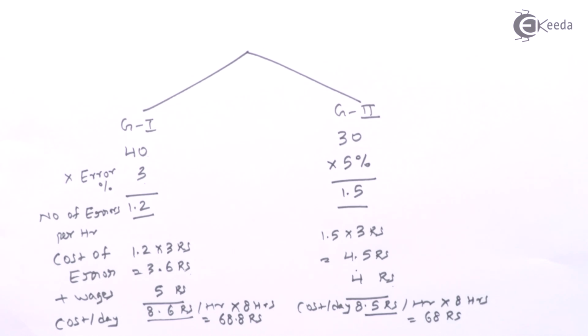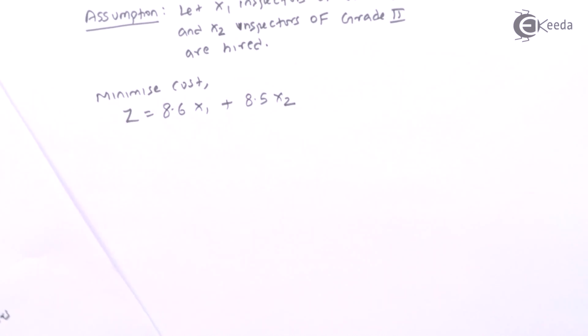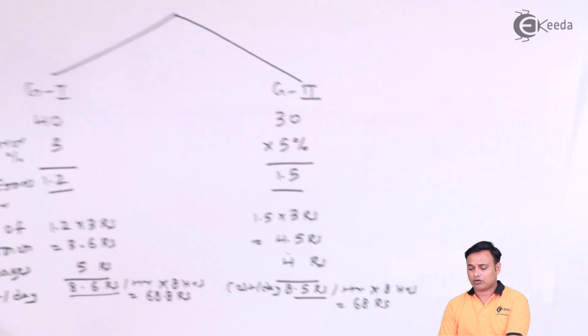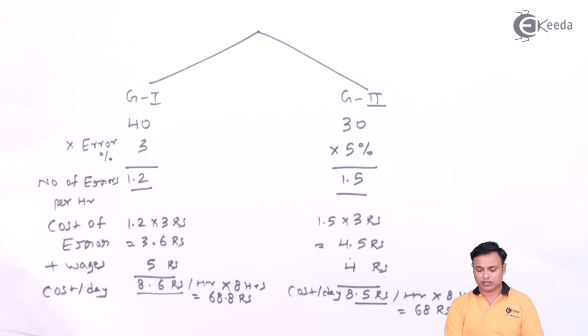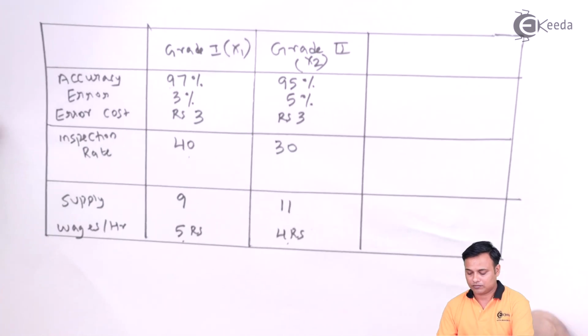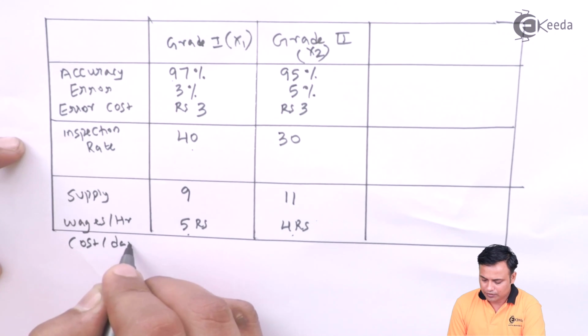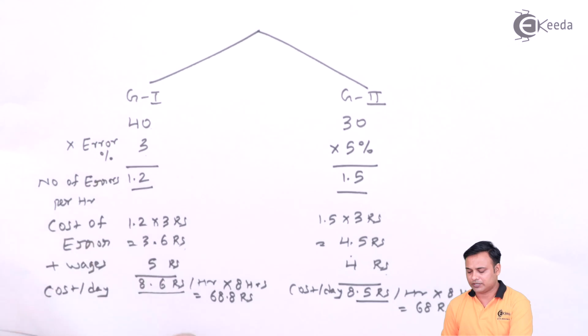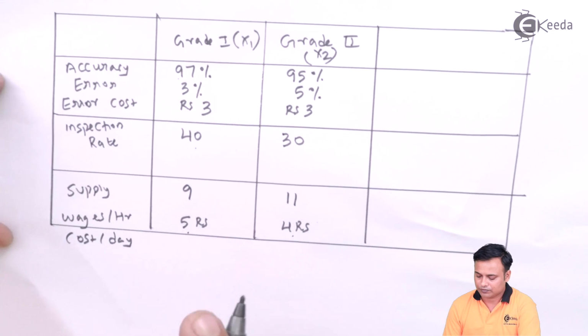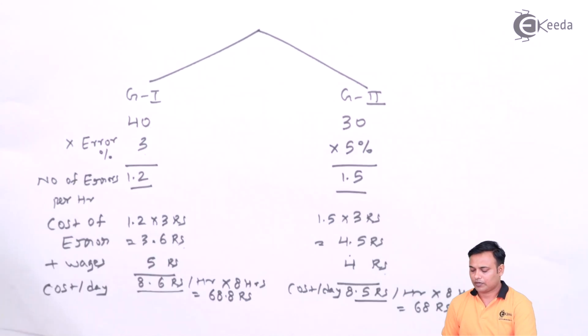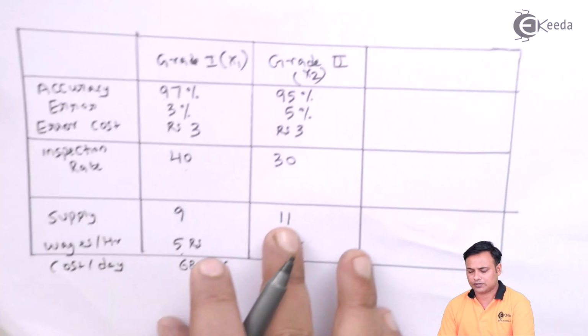Now instead of minimizing the cost per hour, we will minimize the cost per day. So we'll just make a minor change in our objective function. It will be cost per day. I'll just note down in my original table. This is my cost per day. For grade 1 it is 68.8. And for grade 2 it is 68 rupees.